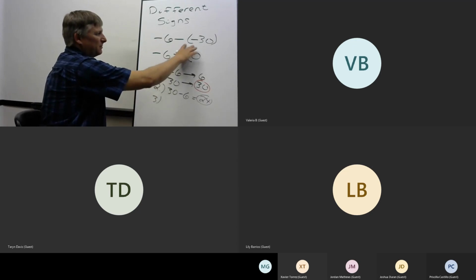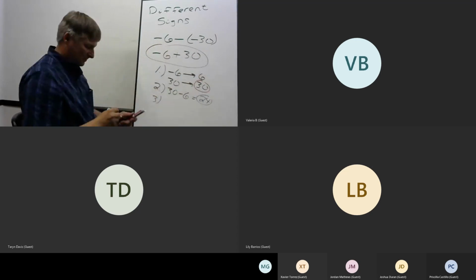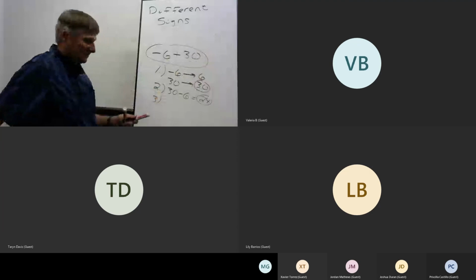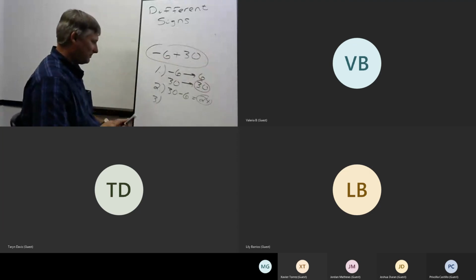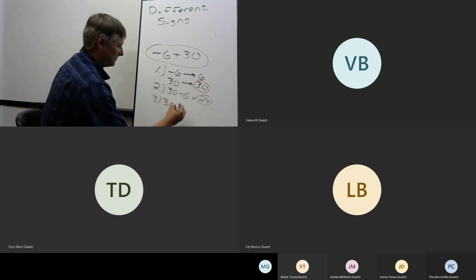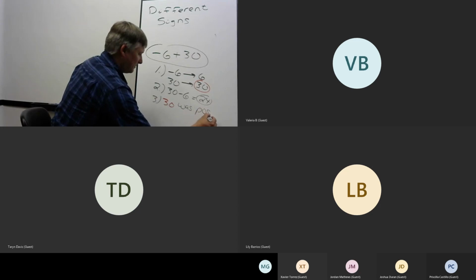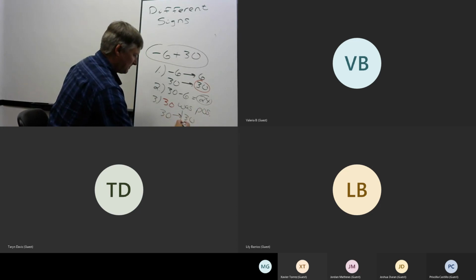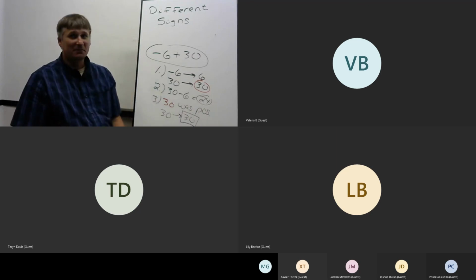When we make this conversion, we're going to be focusing on this right here. We can pretend that doesn't exist. So in this, 30 showed up positive. So the bigger number, 30, was positive. So 30 stays the same. And that's going to be your answer.